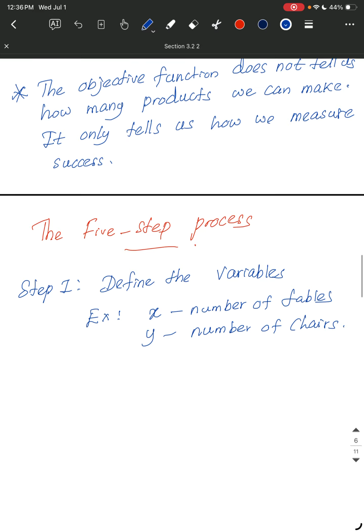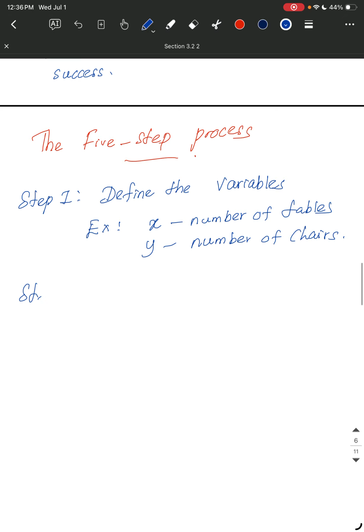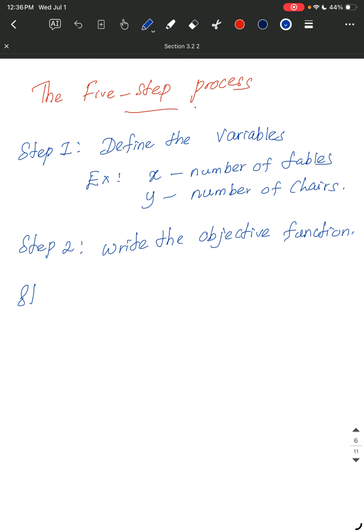Step 2, write the objective function. Step 3, write the constraints.